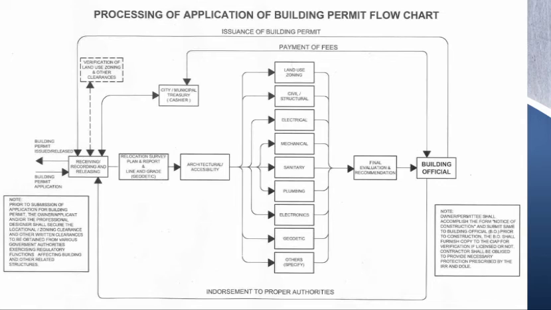The picture shows the processing of application of building permit flowchart. It all starts when the applicant has already filled up the building permit application. According to the note, prior to submission of application for building permit, the owner or applicant and or the professional designer shall secure the locational or zoning clearance and other written clearances to be obtained from various government authorities exercising regulatory functions affecting building and other related structures.